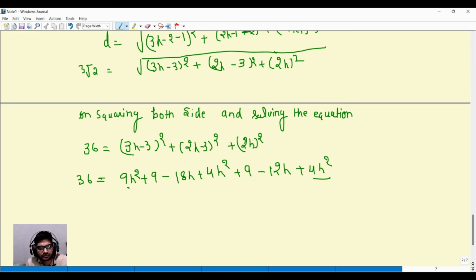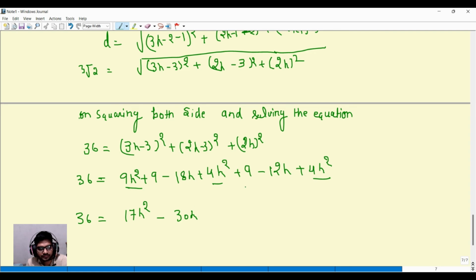Now we are going to put the values: 36 equals 9 lambda square plus 4 lambda square plus 4 lambda square, that is 17 lambda square, then minus 18 and minus 12, minus 30 lambda.